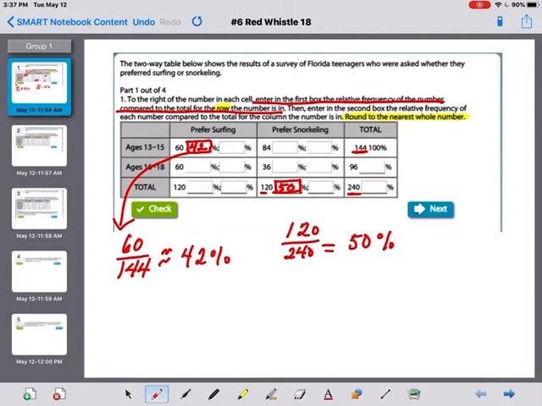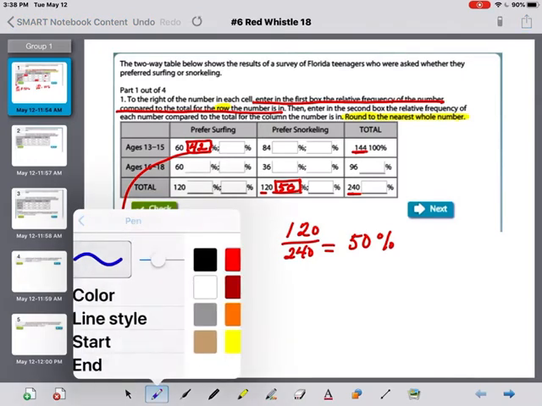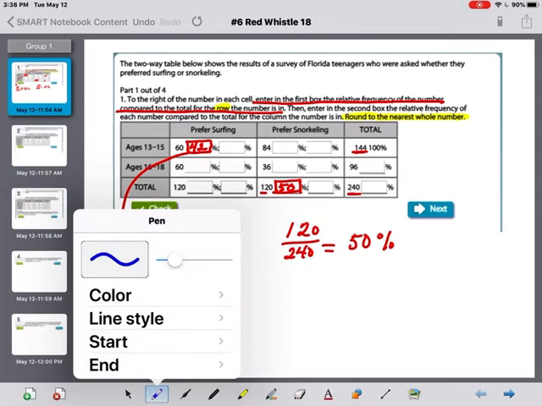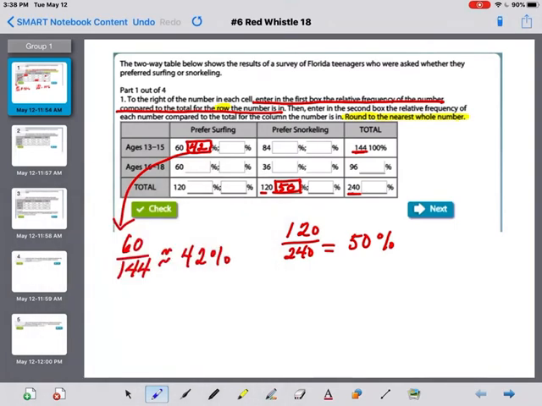You would take the number in the box and divide it by the total in that row, and change it to a percent. So the next thing we want to do is take a look at how we're going to calculate the second box. It says, enter in the second box the relative frequency of each number compared to the total for the column the number is in. So now I want to focus on the column totals.